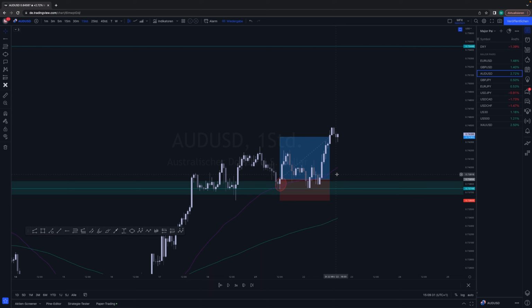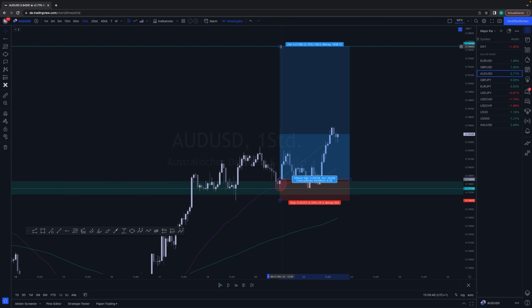So now I can take half of the position out and let the rest run, or I can let it all run to the next resistance zone right here, about a 1 to 6. But I really like to get around a 1 to 2 or a 1 to 3 RR out of the trades, but you can let the trade run, that's on you guys.